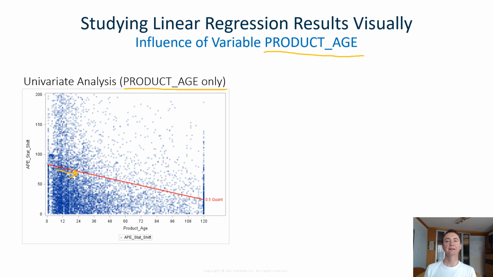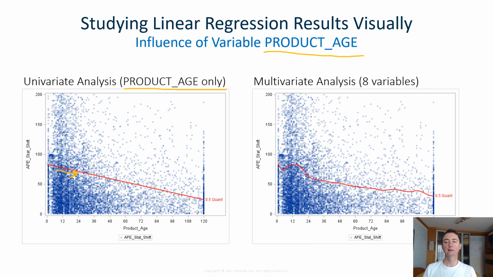If, however, we enter product age as one of many other variables, like product group, model type, lead time, target calendar month, and so on, we can study in a more detailed way that product age does not have quite a linear downward trend.